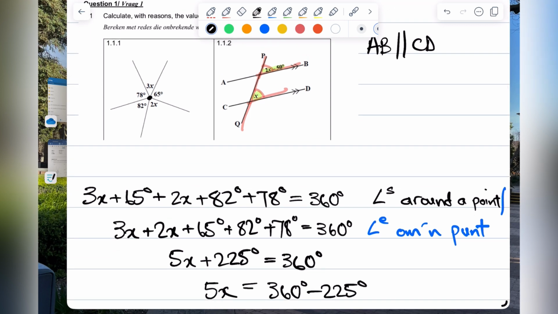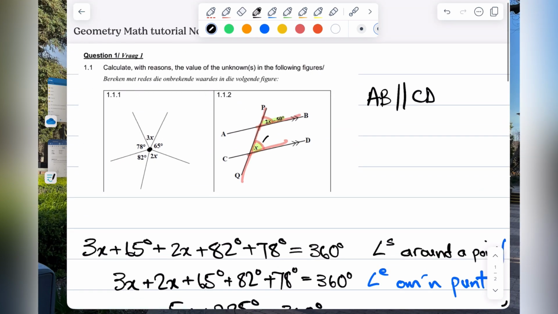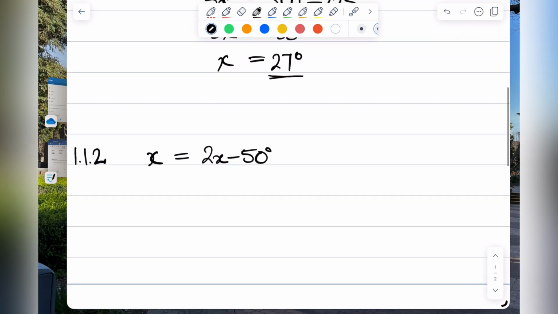So dit beteken dat die grootte van X is gelyk aan die grootte van 2x minus 50 grade. So ons het basies hierdie hoek gelykgestel aan daai een, en toe vorm ons 'n vergelyking. En die rede hoekom ons so sê, so the reason for this is, remember we are making a statement and we need to give a reason.